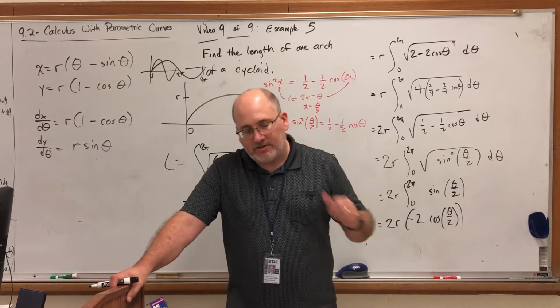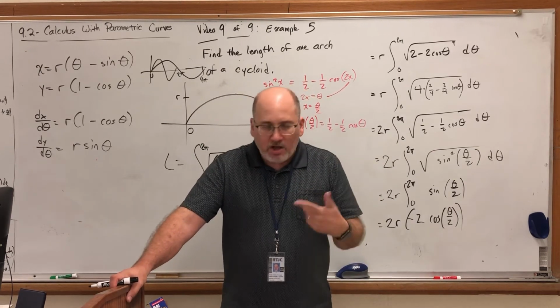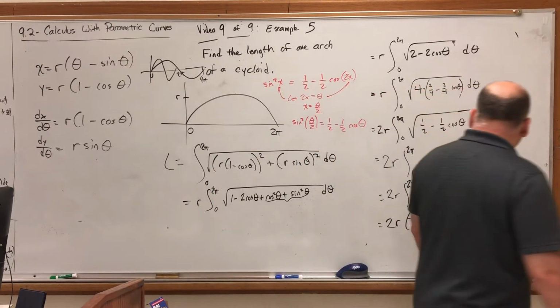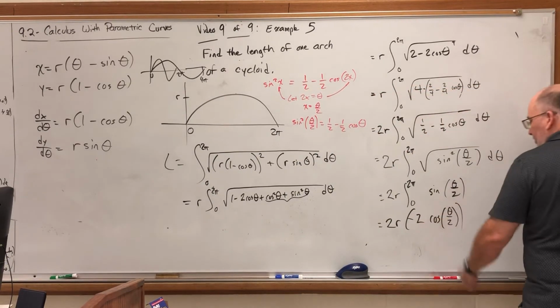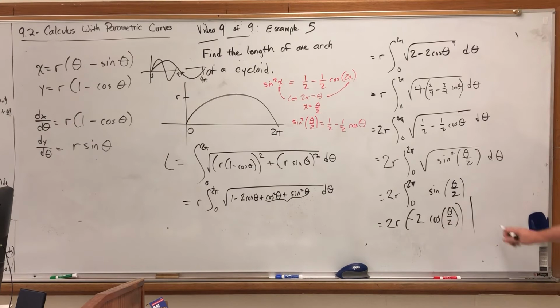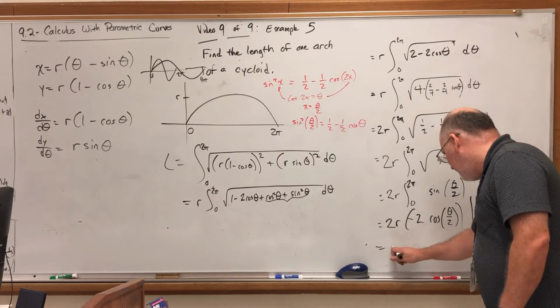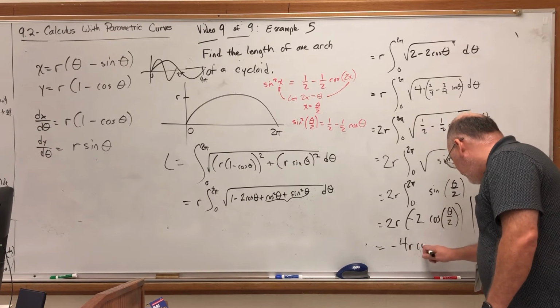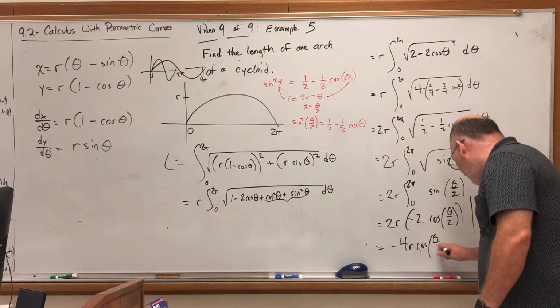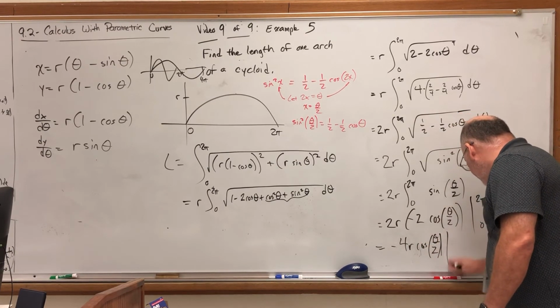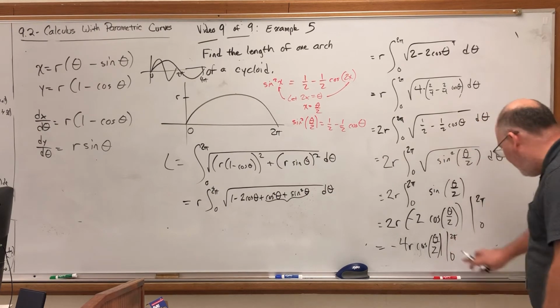So you balance the integrand with the reciprocal of the constant. In this case, the derivative of the inside is 1/2, so I'll balance it with its reciprocal, which is 2. This is going from 0 to 2 pi. Let's clean this up a little bit. Negative 4r cosine theta over 2 from 0 to 2 pi.